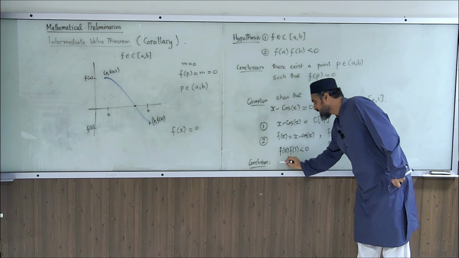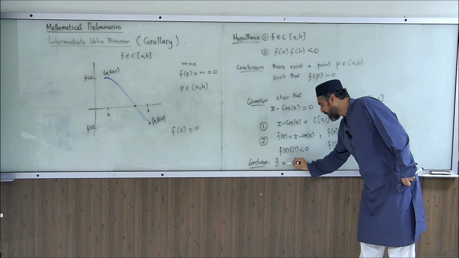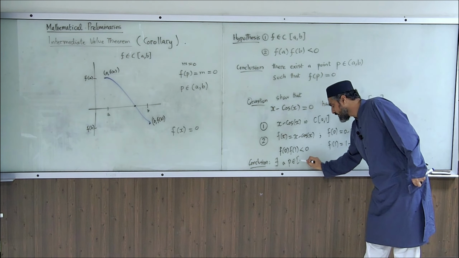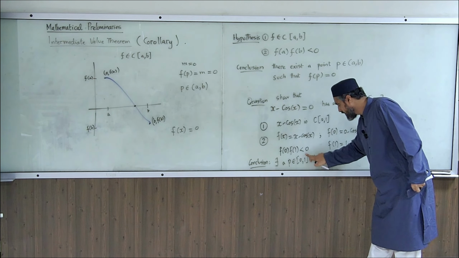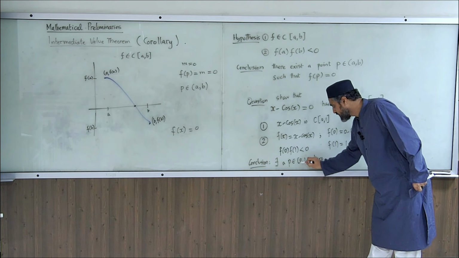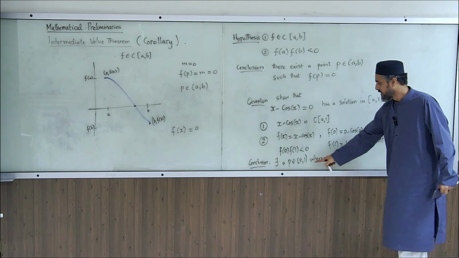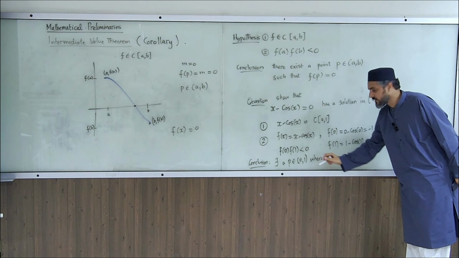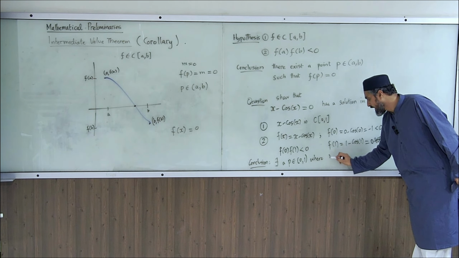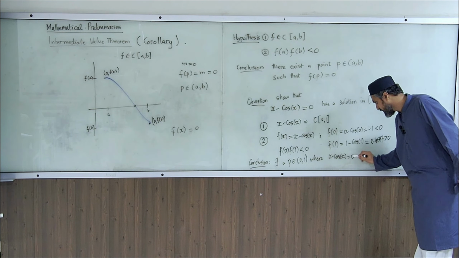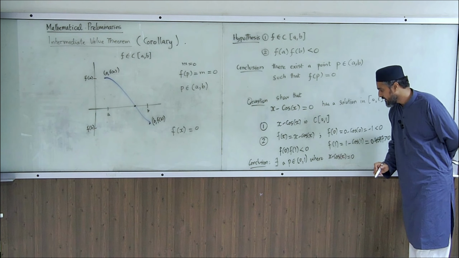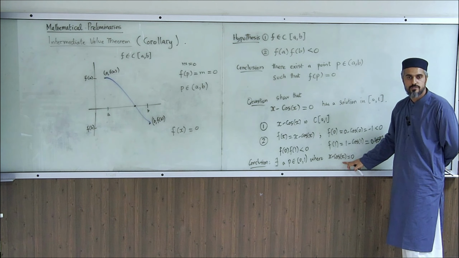The conclusion is there exists a point in this open interval, because neither f of 0 nor f of 1 is 0, where x minus cos x will be 0. Or you can write p minus cos p is equal to 0.